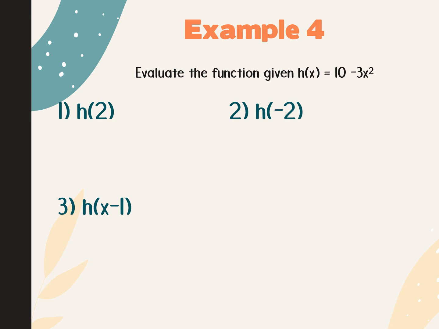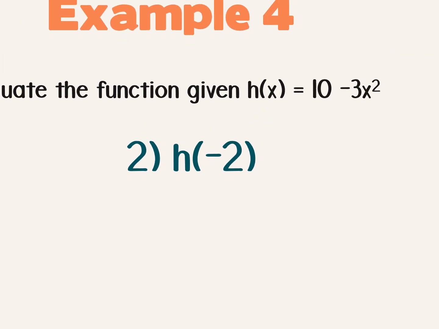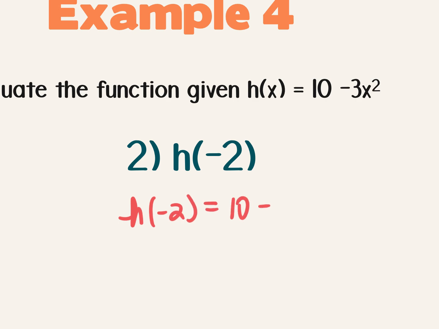Next one, we'll do 2 and 3. Function notation, h of negative 2, f of negative 2, g of negative 2. That's just saying, hey, plug in this number for x and tell me what y equals. So I'm going to use the h function. So h of negative 2 equals 10 minus 3 times negative 2 what? Perfect.